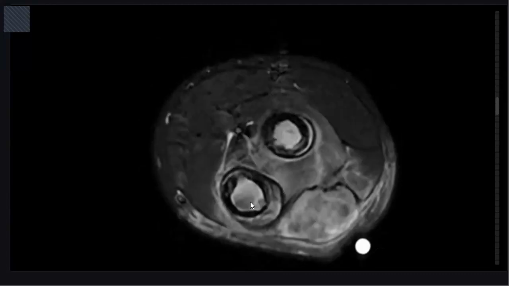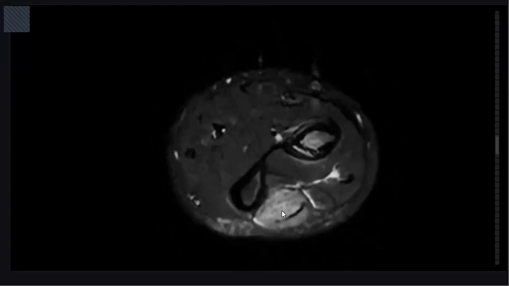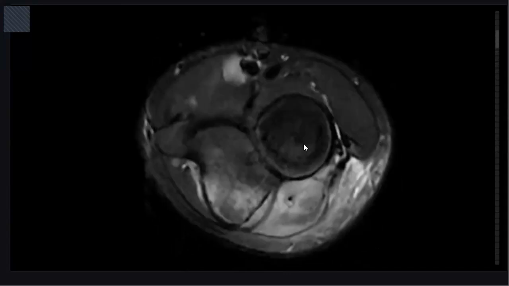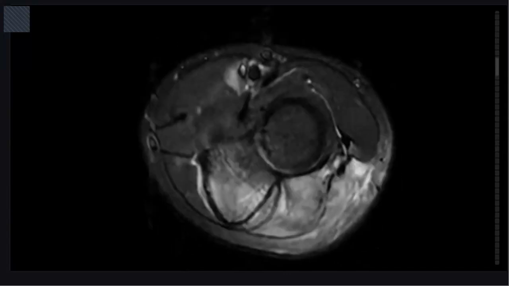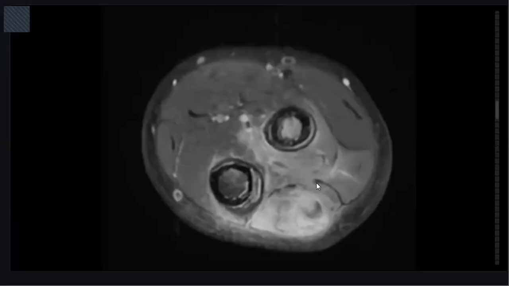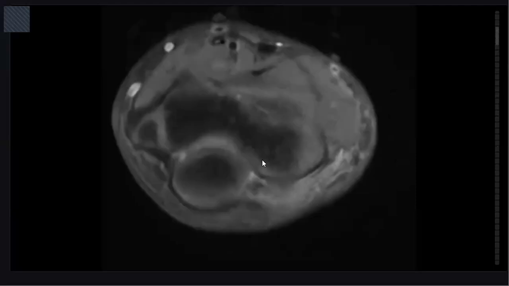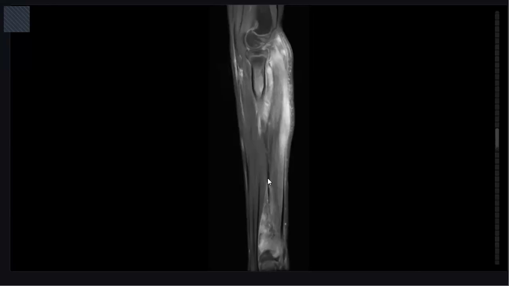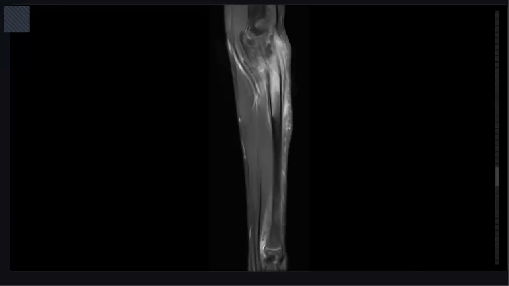We can put osteomyelitis as our first differential. However, no collection, no Brodie's abscess. Here is the post contrast, with not so much soft tissue component surrounding the bone to suggest Ewing sarcoma. So we are going for osteomyelitis.